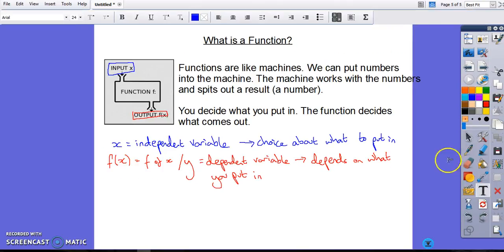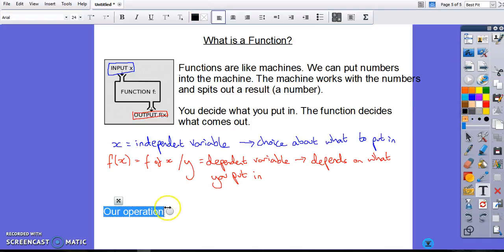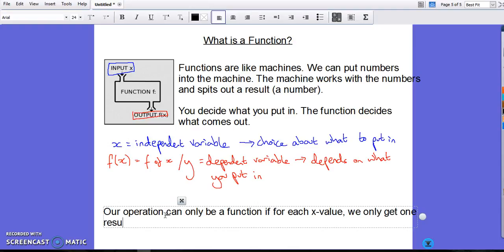So a really important thing to note with functions is that this machine can only be a function. Our operation can only be a function if for each x value, so each value that we put in, we only get one result.